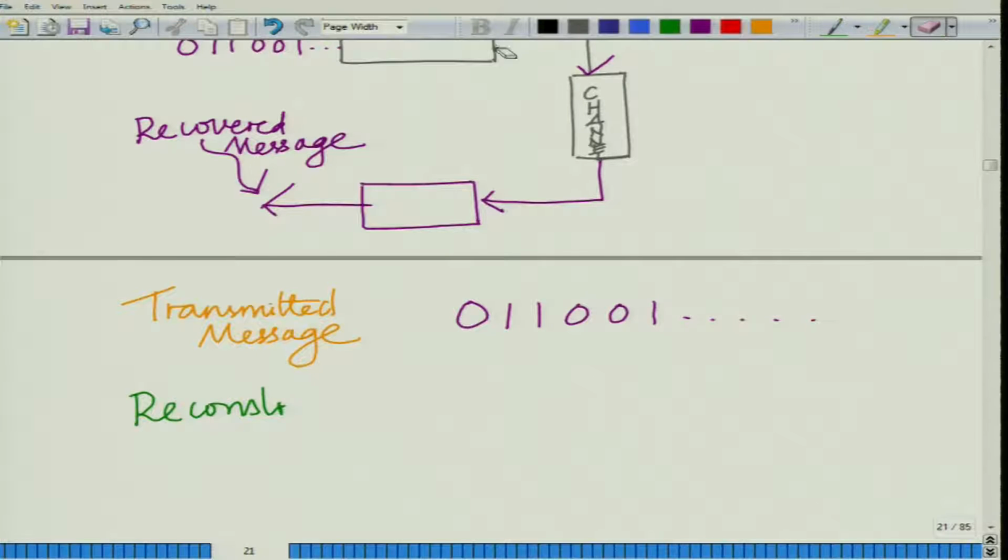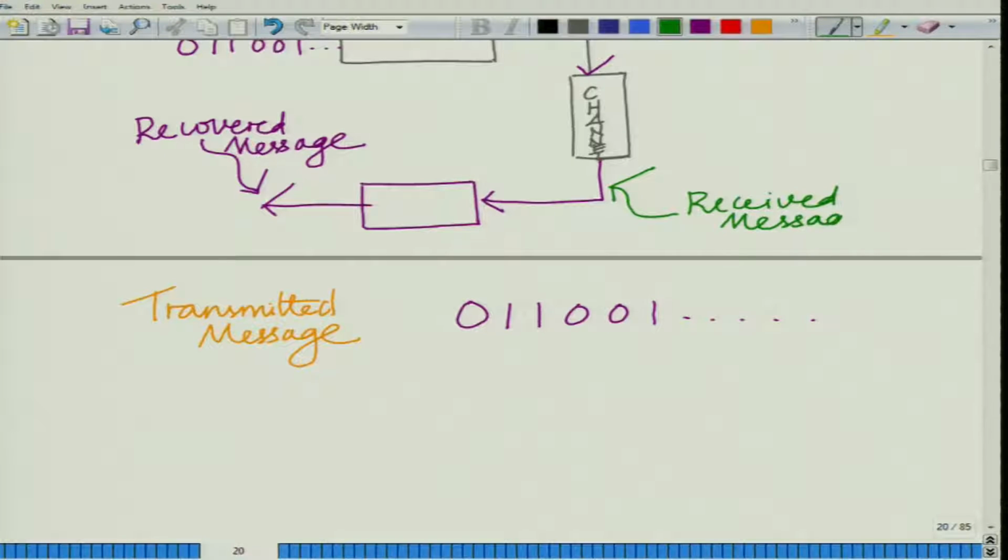Not the reconstructed one, we are talking about the message at this point. Let us make this fine distinction, and call this the received message.